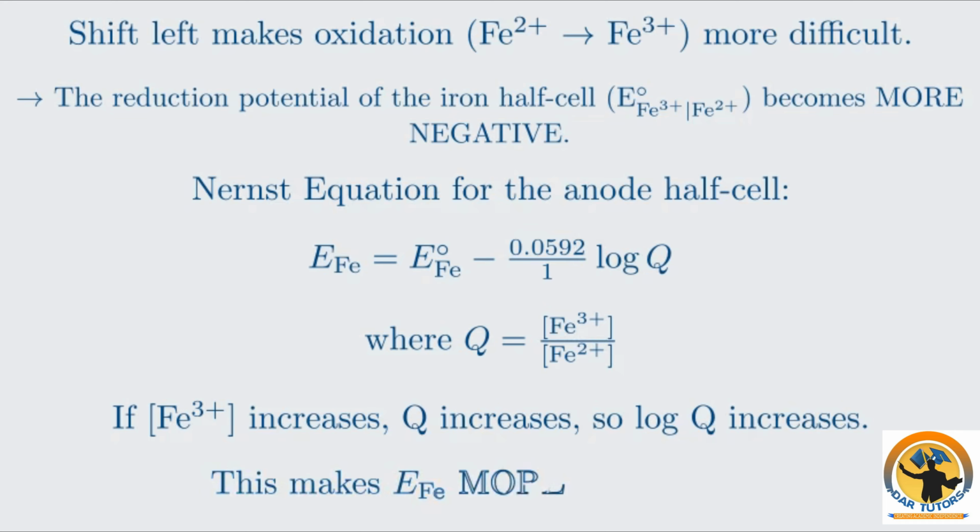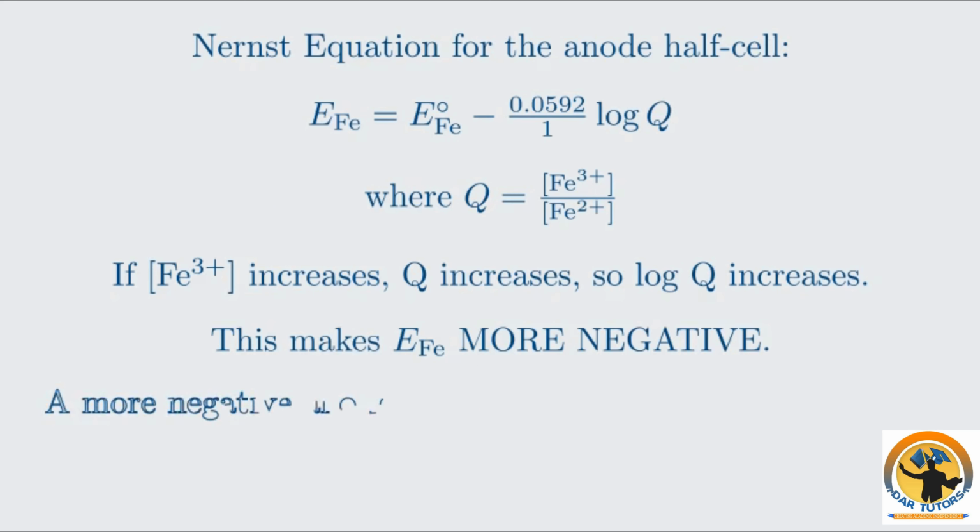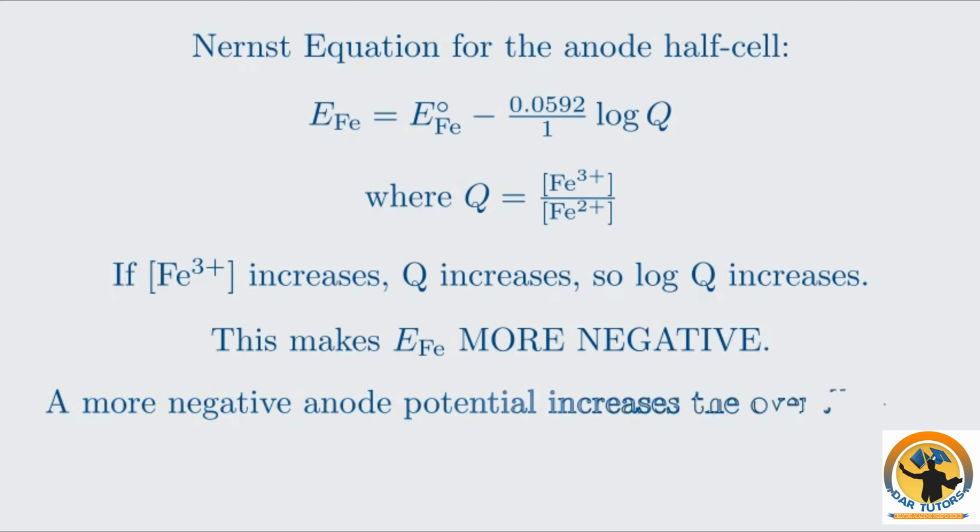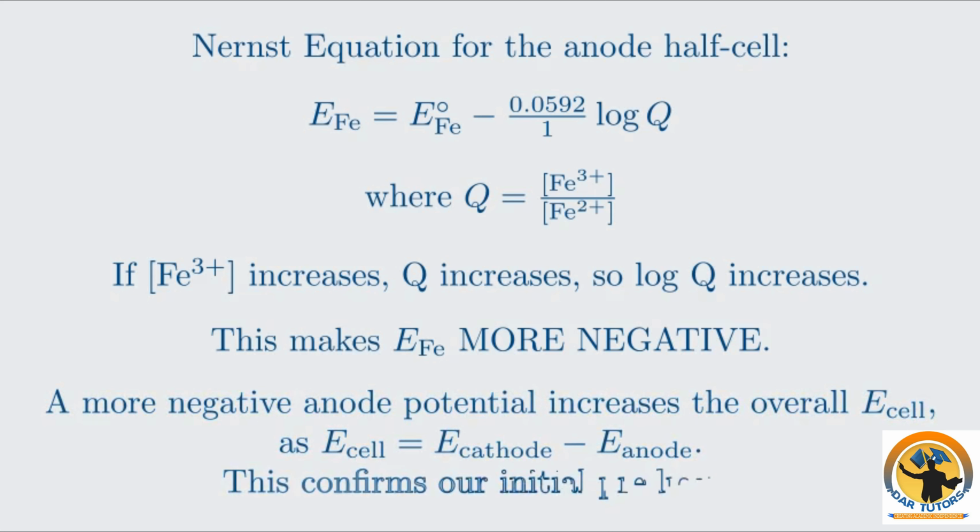Subtracting this positive term from the standard potential makes the half-cell potential, E Fe, more negative. This increased potential difference is what boosts the cell's overall voltage. A more negative anode potential increases the overall E cell, as E cell equals E cathode minus E anode. This confirms our initial prediction.